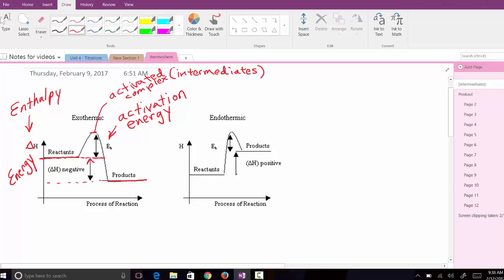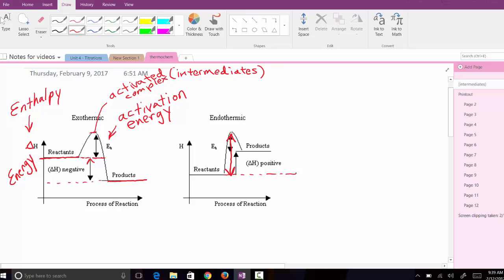Here, for endothermic, we want to note that, again, the activation energy is always the difference between where the reactants start and the top of the hill, the activated complex. So that arrow should be long. It should be extended down to the reactants.